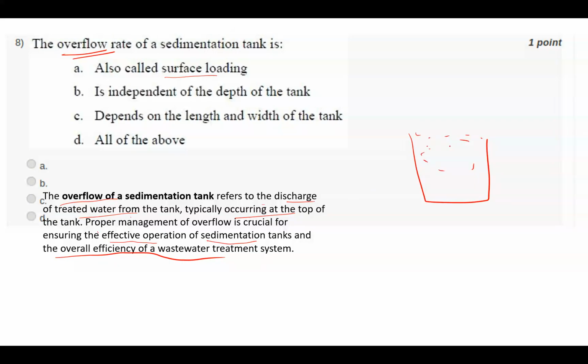There will be water with particles, and these will settle down, and then the top water becomes overflow, meaning it will not contain that many particles, and this discharge will happen from the top of the tank. So the overflow rate of a sedimentation tank, called surface loading, is independent of depth of the tank, depends on length and width of the tank, or all the above. Which answer is right?